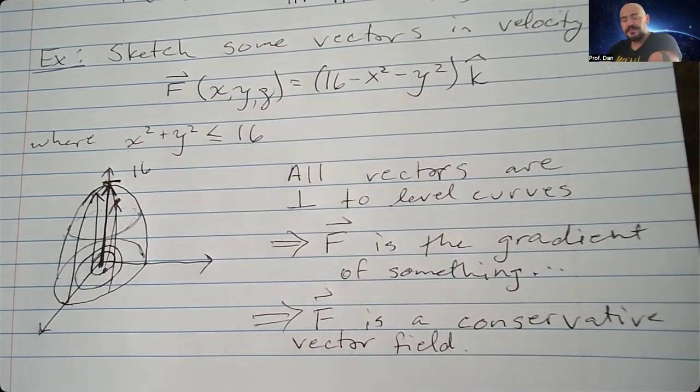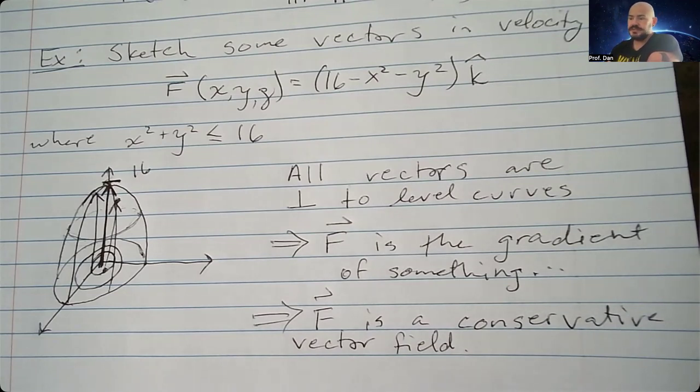Okay, conservative vector field. Now, when you see that word, conservative has nothing to do with the vector field's political views. We say conservative because it goes back to those inverse square fields that we talked about and a law called the conservation of energy.